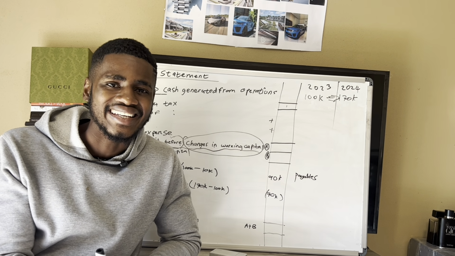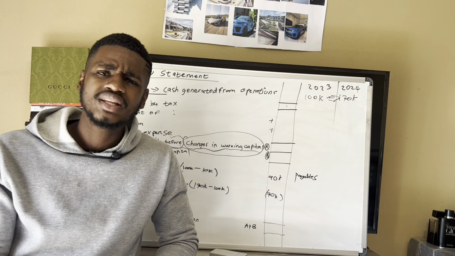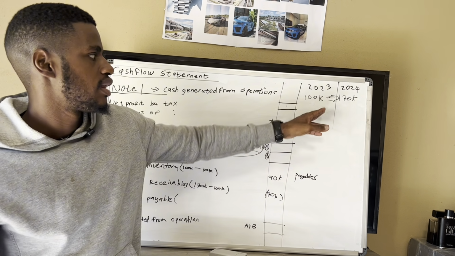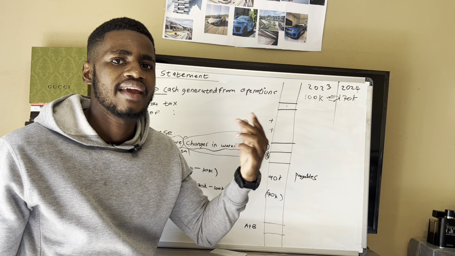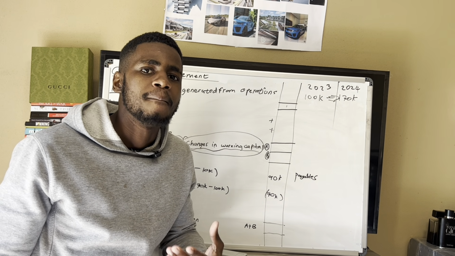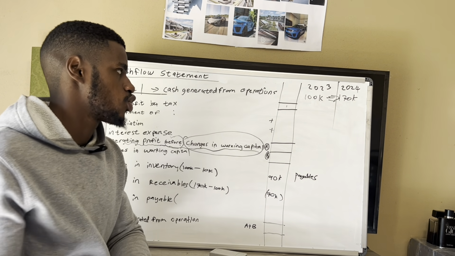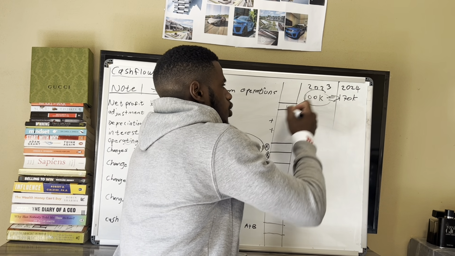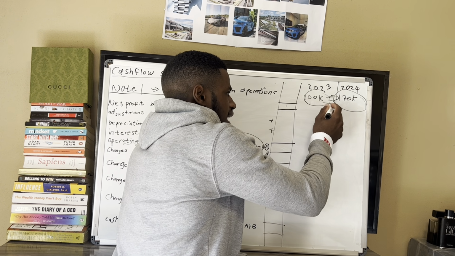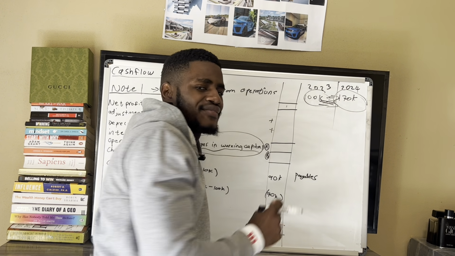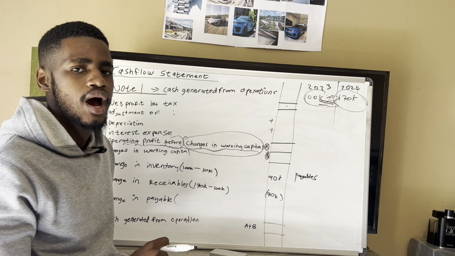What happened to the cash? Kwenzakaleni ngocash? The reason why this increased is because they gave us more credit. We were owing them 100,000, now we are owing them 170,000. It means that they gave us another 70,000.